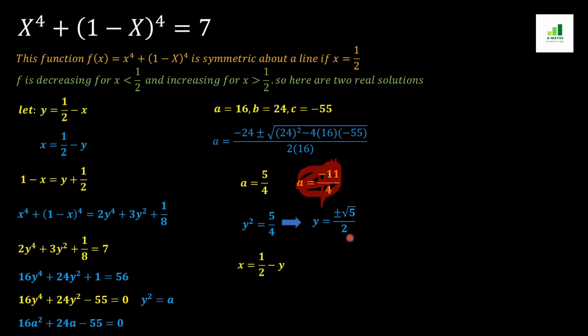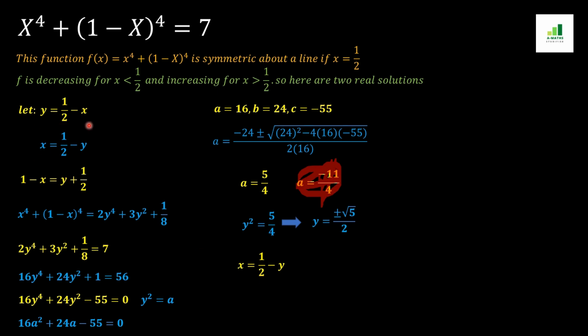Now, in the next step, as we know, x = 1/2 - y, because this y is our assumption. a was the assumption for y and y was the assumption for x. So our main purpose is to find the value of x. To find the value of x, we put the value of y inside this equation.